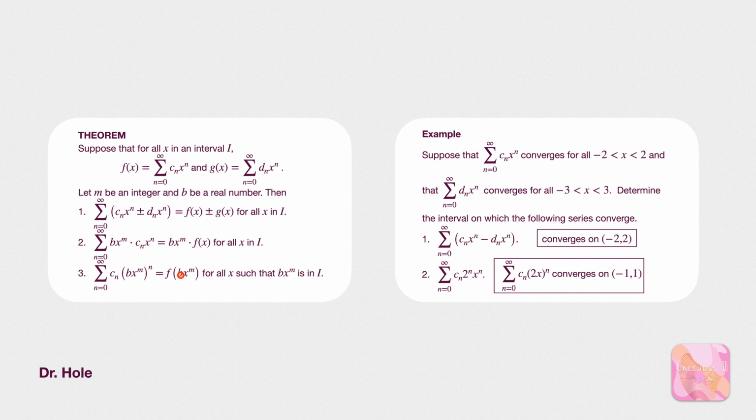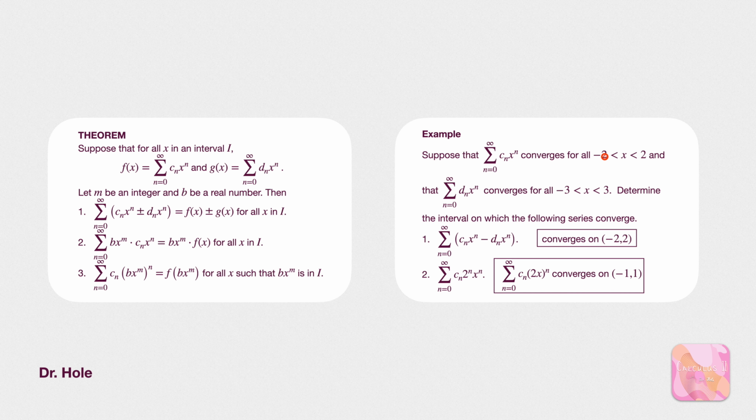Thus, we're taking our b value as 2, our m value as 0, and our m value is 1, so there's no change. So we need 2x, and this is the c_n's, and the c_n's determine a power series which is valid on negative 2 to 2.